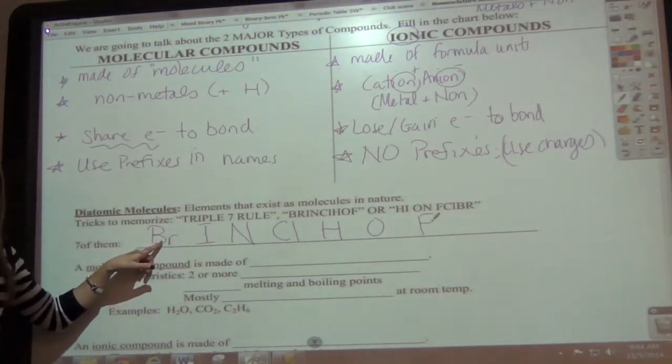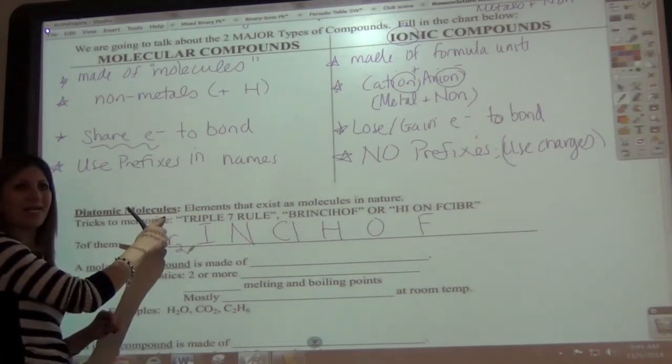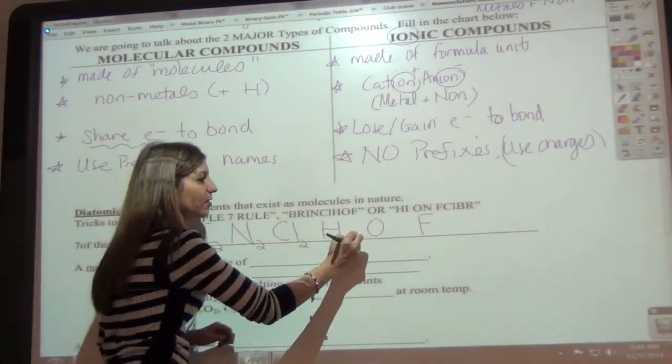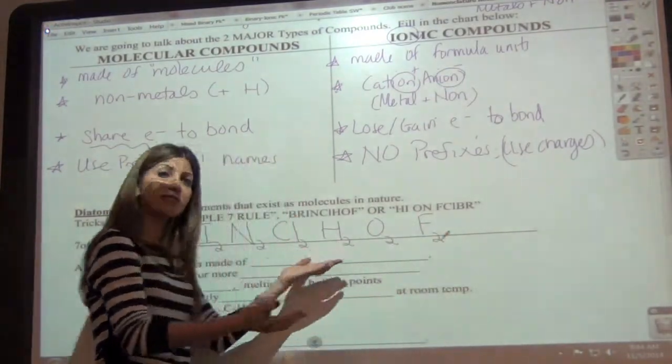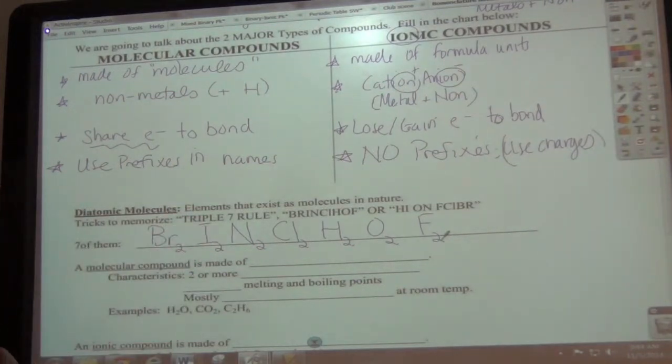So we're going to put 2's after every single one of these because they're diatomic. But the 2 goes down on the bottom, not on top. So it's 2 bromines. That number tells you how many there are in the molecule. And so in this example, there are 2 bromines or 2 iodines or 2 fluorines that are in there.